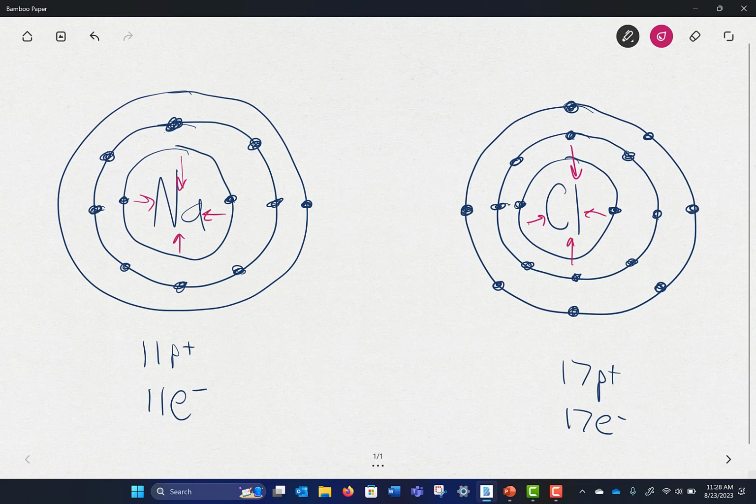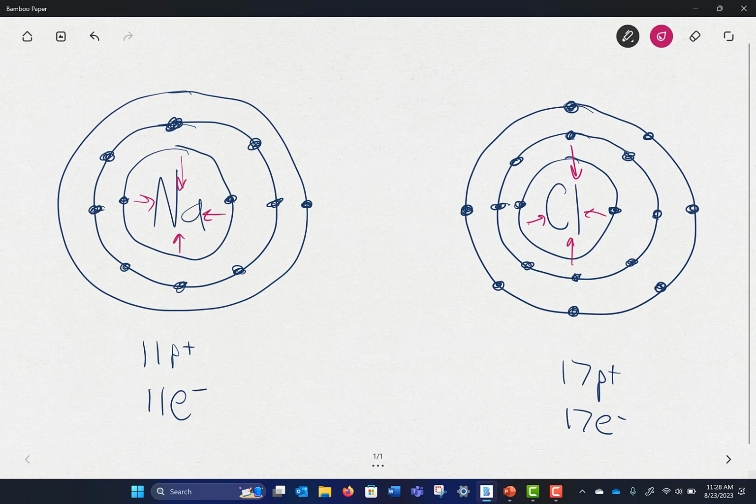But chlorine and sodium, if they get close enough together, chlorine is also pulling on sodium's electrons. And sodium is also pulling on chlorine's electrons. But we said that chlorine has greater electronegativity. It pulls more.